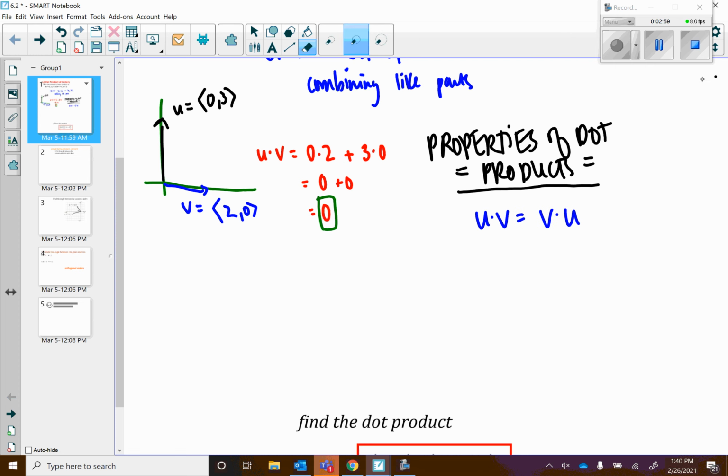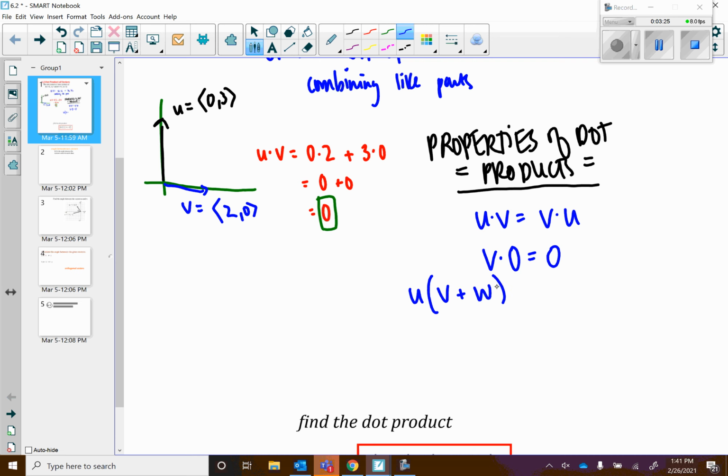The order of your dot product does not matter, which is good because I hope that feels good to you. The second is if we take a vector and multiply it by 0, we're just going to get 0.